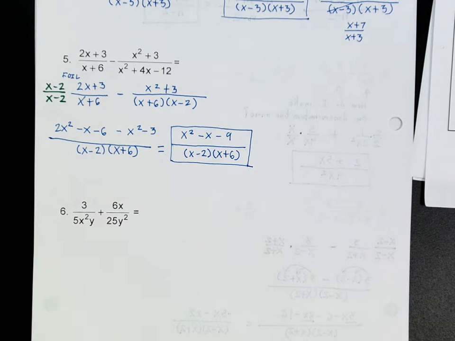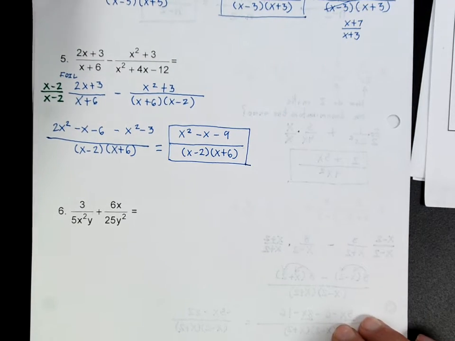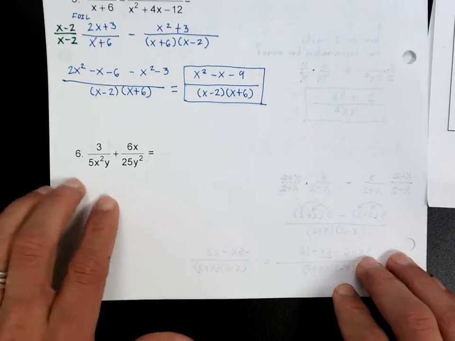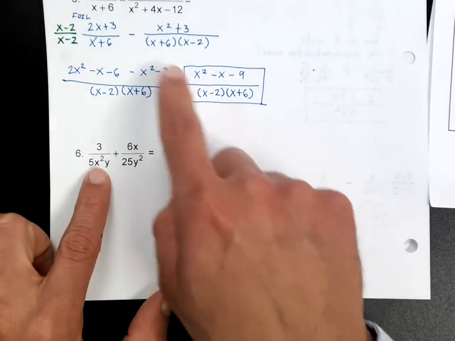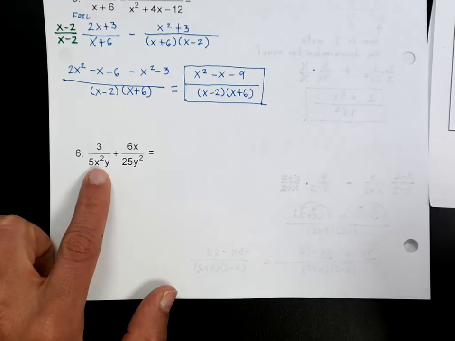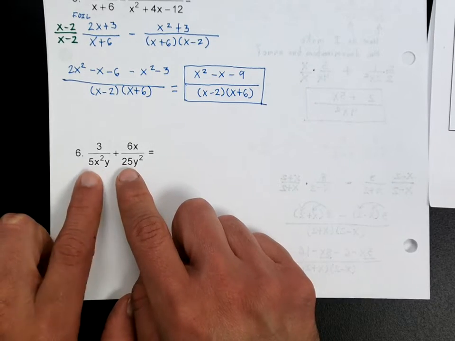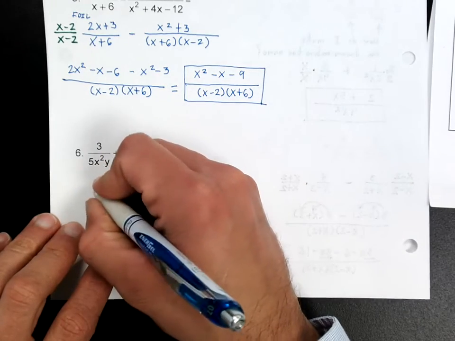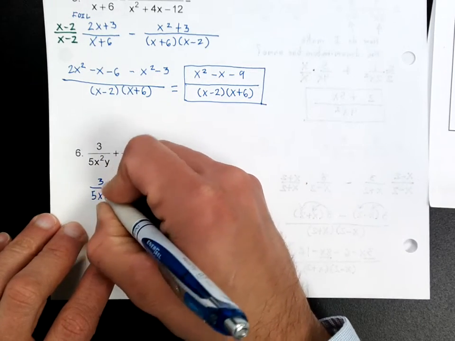Alright, finally, this last one, number 6, I'll go through it really fast. On number 6, I like these better. Honestly, I like these better than these because sometimes I feel like I have to do more work on these. But again, how can I make this 5 into a 25? Multiply by 5, right?